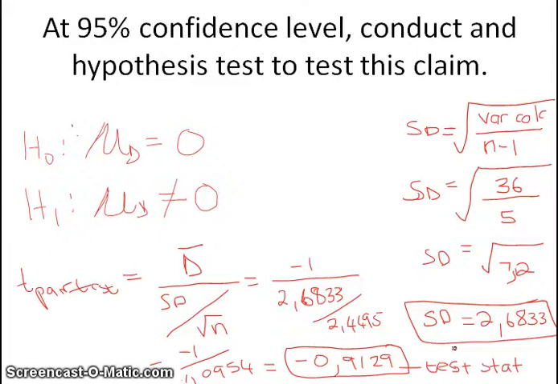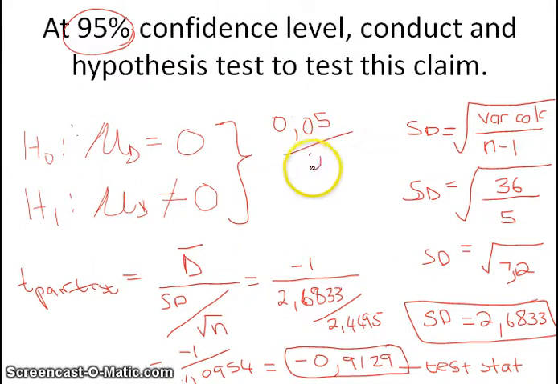Now this is a t-test, which means that I can read the value of my t-table for my critical values. At 95% confidence level, we remind ourselves that our alpha is 95%. However, we've got an equal to sign in our null hypothesis, which means we need to divide that alpha. Now, 95% confidence level, we know, is 0.05 level of significance. And with an equal to sign, we need to divide that by 2.